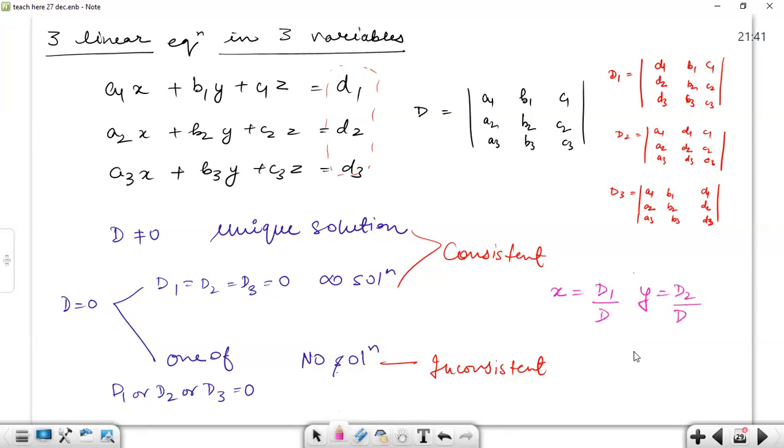Basically D2 by D. And z is D3 by D. Same as the system of two linear equations in two variables. So it is the same system here also. This method is known as Cramer's method. Please read the slide and try to understand what we have just discussed.